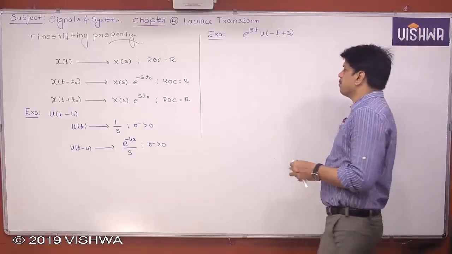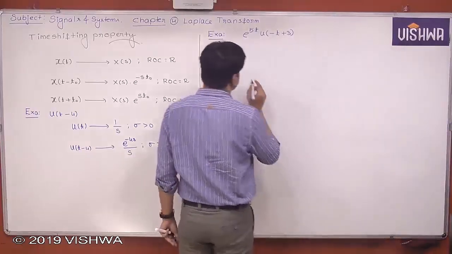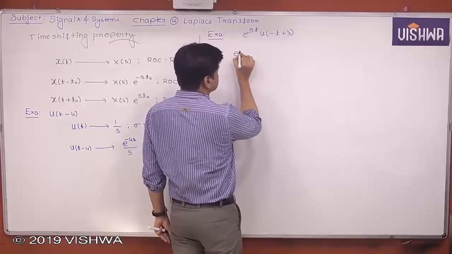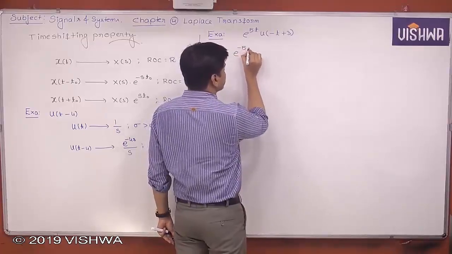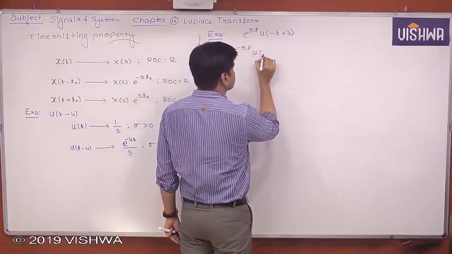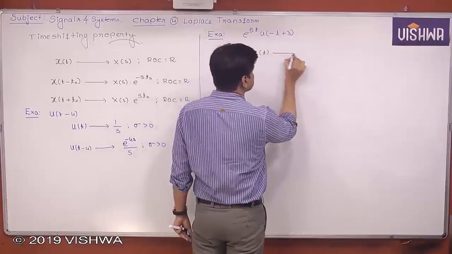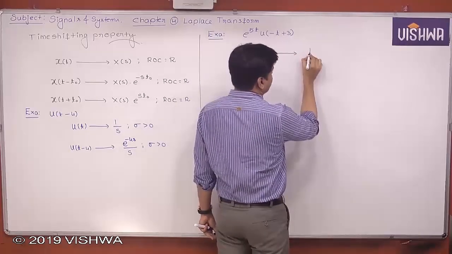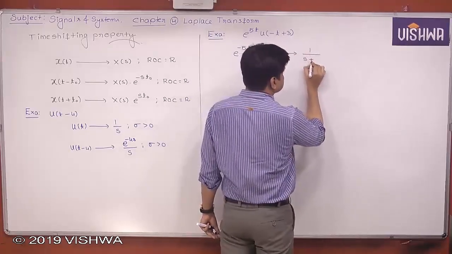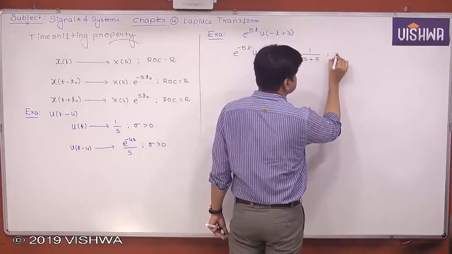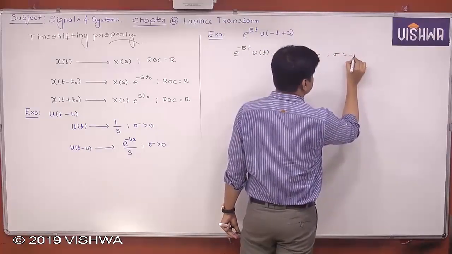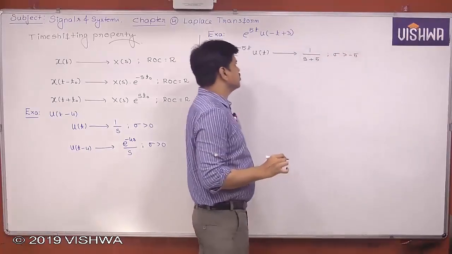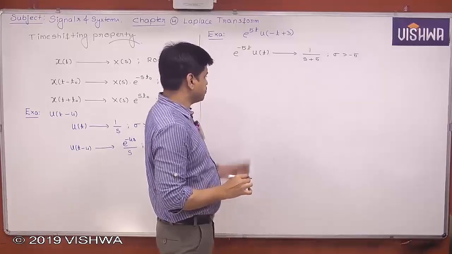Let's see. e^(-5t) u(t): for this, we know it is 1/(s+5) with sigma greater than -5.